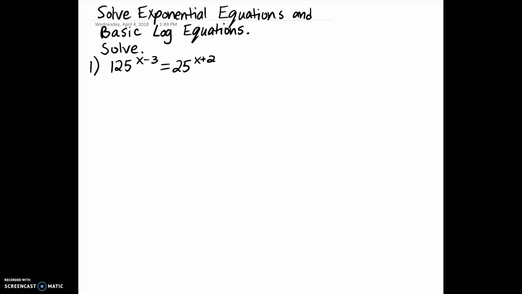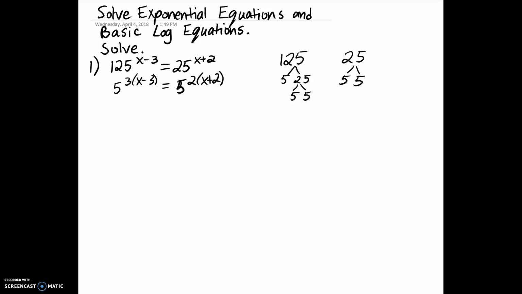I mean, you can think about this. I'm going to do this off to the side. I don't think a lot of you are going to need to do it this way, but if you break it down into factor tree format, 125 is the same as 5 cubed, and 25 is the same as 5 squared.